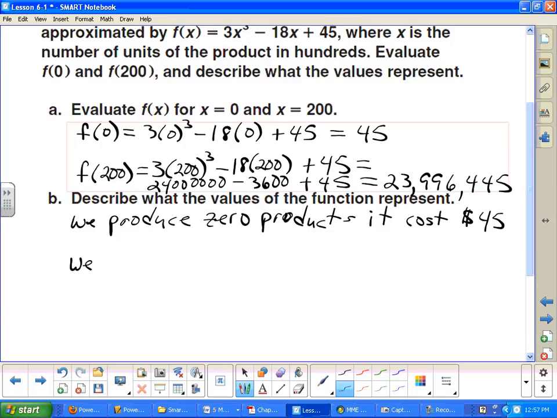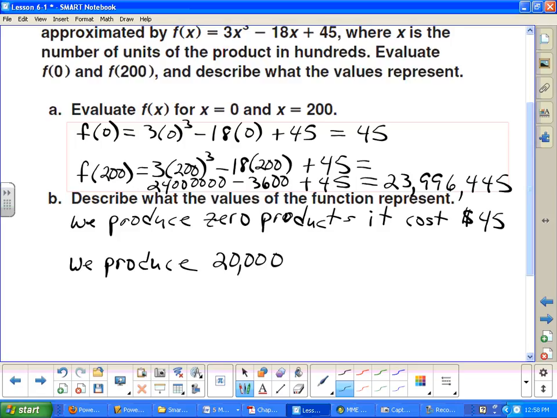And if we produce, what's the 200 represent? Let's see. It's 200 hundreds, right? So that means we're going to have 200 for my 200, and then I'm going to need 2 more zeros. So 20,000, because I'm going to end up with 4 zeros here.